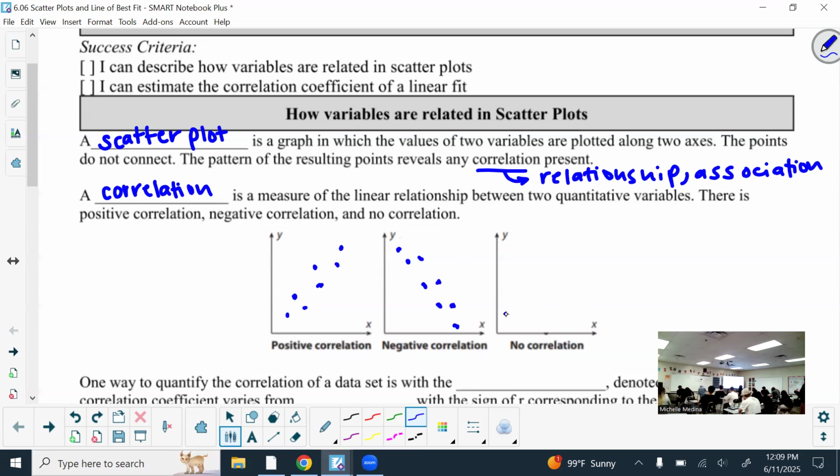But if you can't tell whether it's going up or down, then that would be a no correlation situation. Like this. I can't tell if it's going up or down.